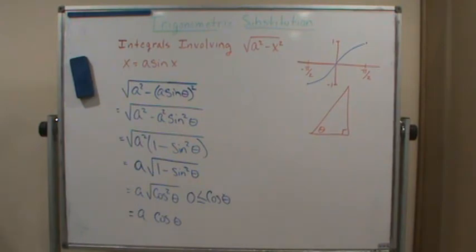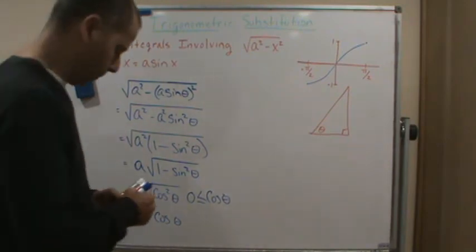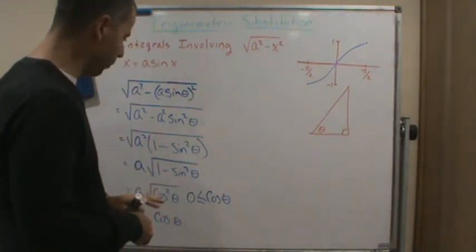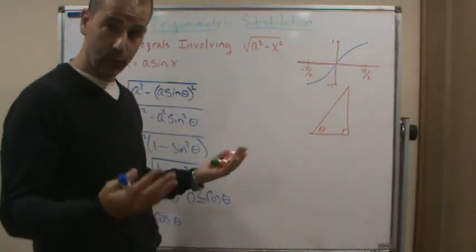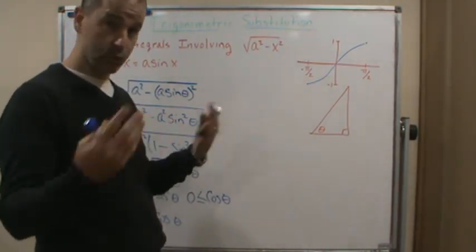Okay, so now once we do that, we have to substitute back into x. So how do we do that? Well, let's again begin by assuming that x is between 0 and a. We do our substitution, we integrate, and we're going to end up with a result that has trig functions in it.